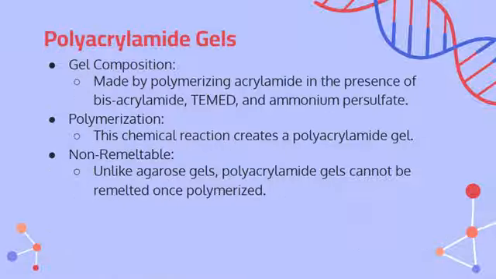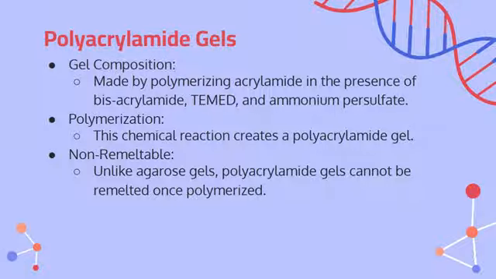These gels are made by polymerizing acrylamide in the presence of bisacrylamide, TEMED, and ammonium persulfate. This polymerization is a chemical reaction that makes the polyacrylamide gel.